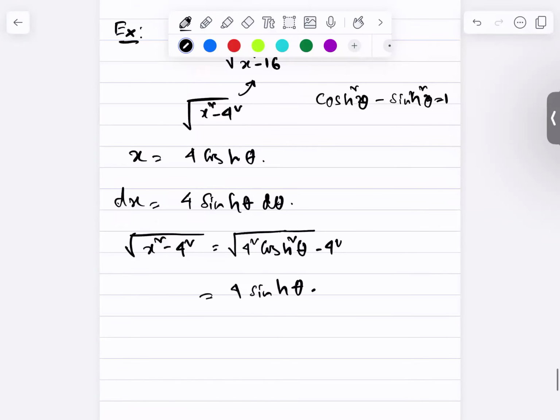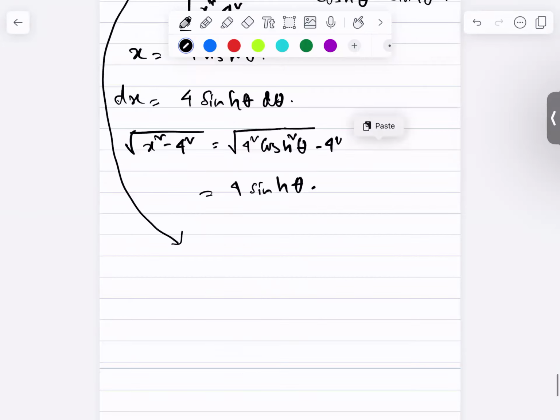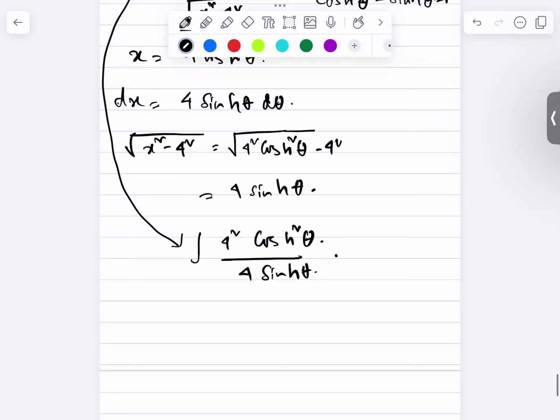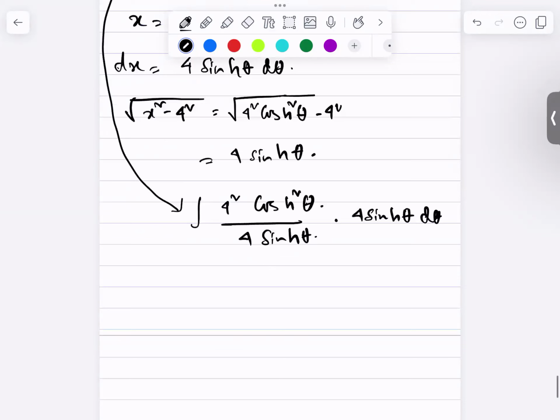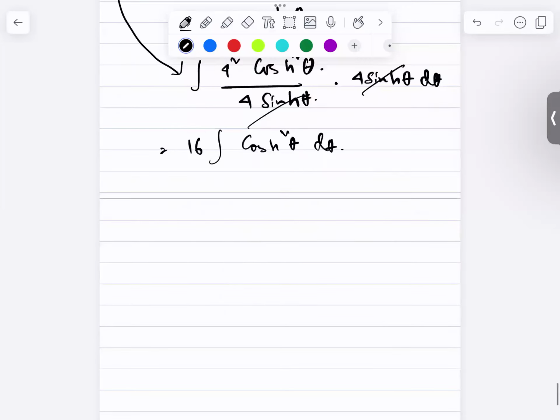And now if I substitute everything into the integration, then I'll have integration 4 square cosine hyperbolic square theta over 4 sine hyperbolic theta, times 4 sine hyperbolic theta d theta. And this is basically 16. That cancels and gives you cosine hyperbolic square theta d theta. Okay, so now this is interesting.